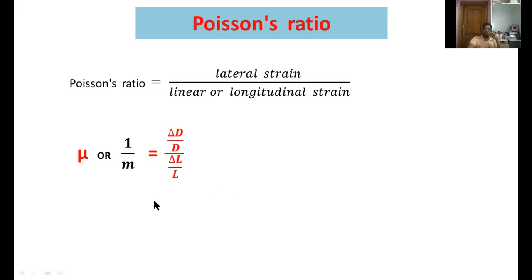The value of Poisson's ratio always lies between 0 and 1, and you have to consider the sign of Poisson's ratio as positive.